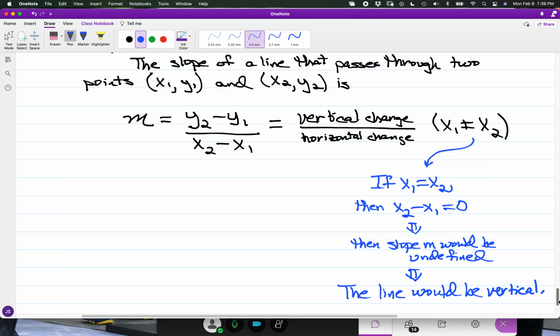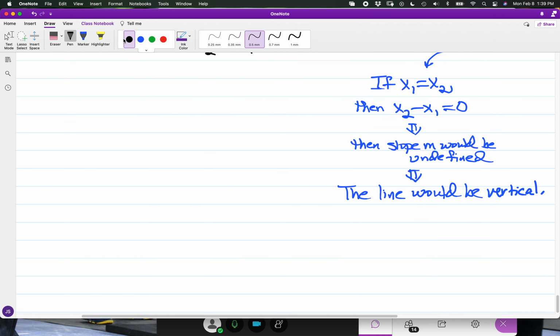Now, in the case of a defined slope, let's say you're looking for the slope of a line that's going to run through, let's say we have -1, -4, and 3, 6.